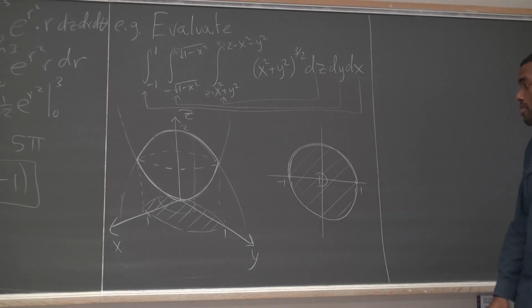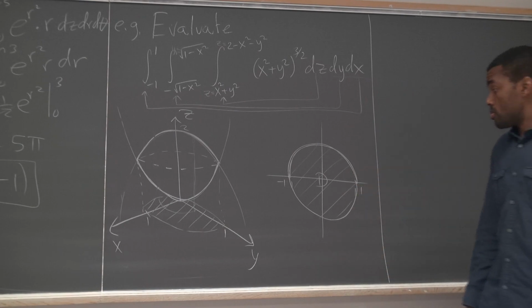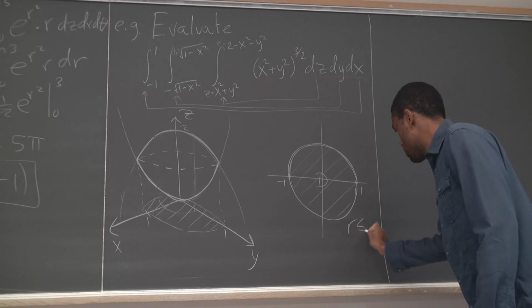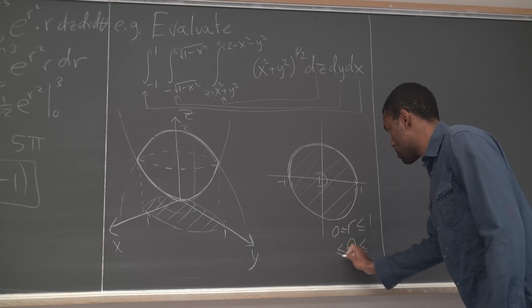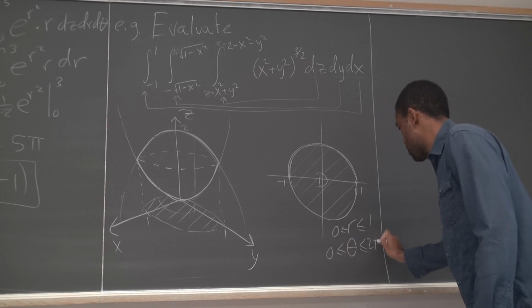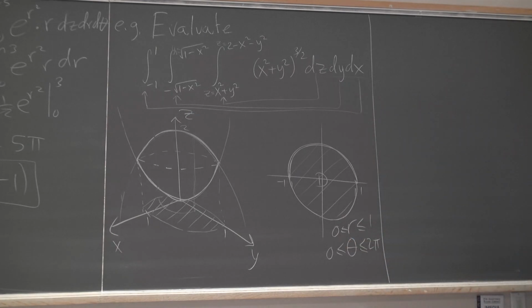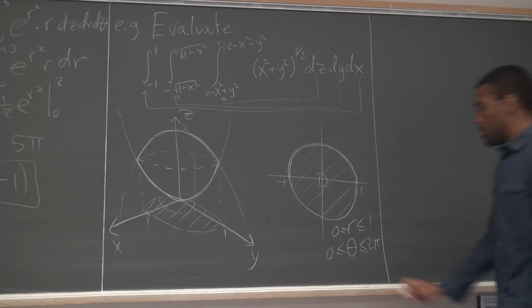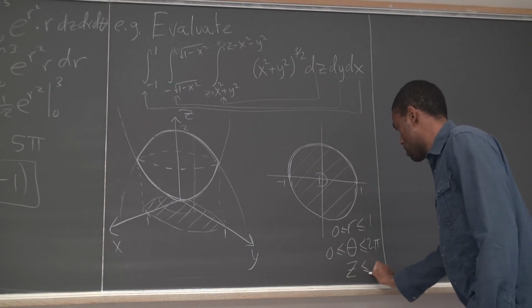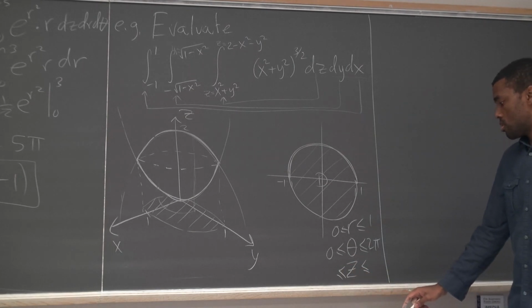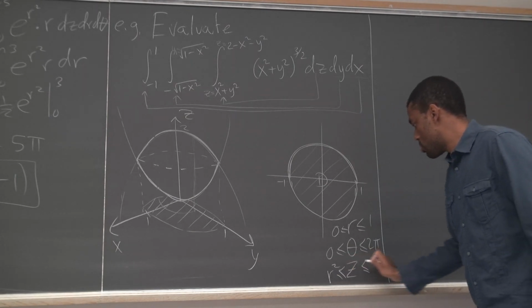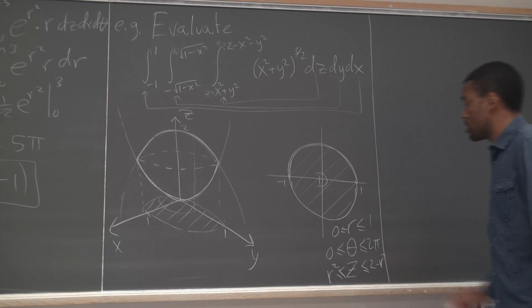Okay, so now that we have that set up, how do we set up the integral? Describe this. And my z? R squared up to 2 minus r squared.